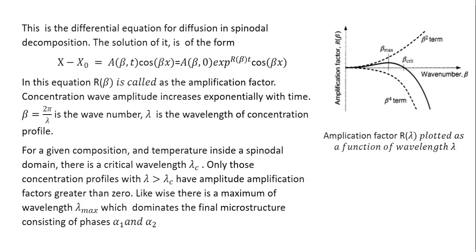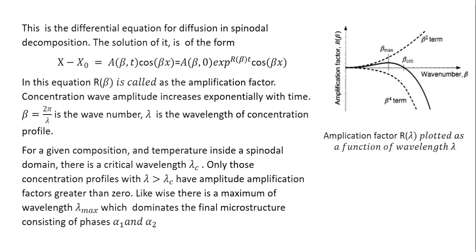So this can be further written as A of beta and 0 multiplied by exponential R of beta multiplied by t, and then the cosine of beta x.